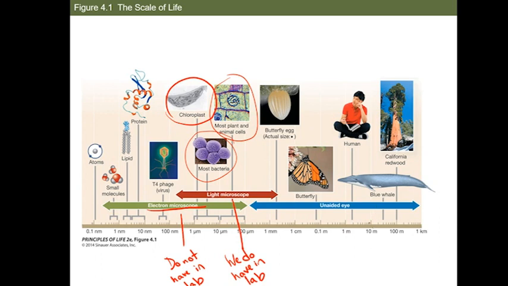Actually, we should be a bit bigger than a meter, probably like 160 to 200 centimeters. Blue whales, they can be about 80 meters long. California redwood, 100 meters. And that's pretty much that. And a kilometer is 4 laps around a track.